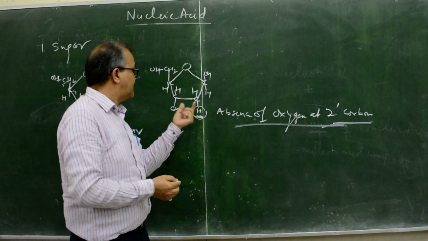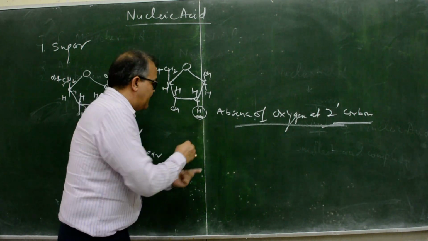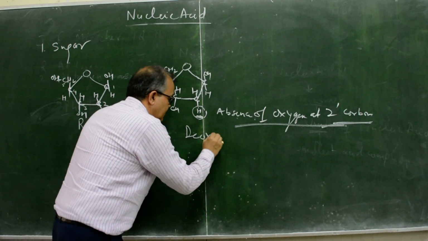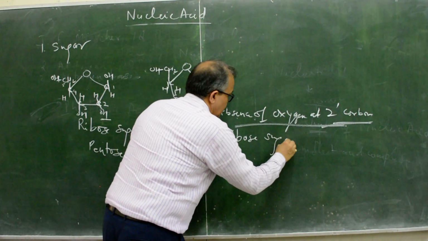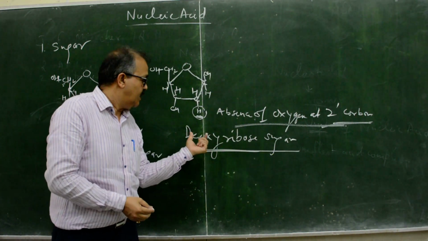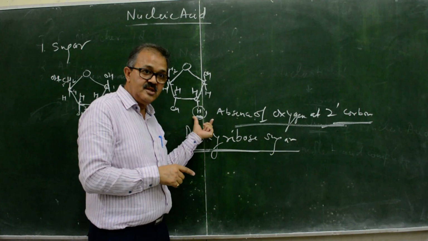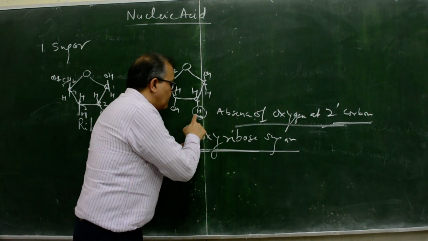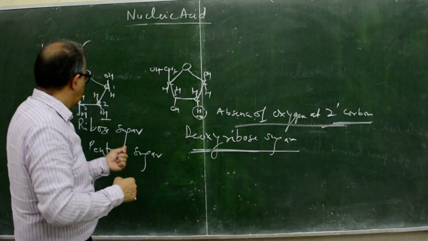One question is, why does DNA have deoxyribose sugar? Absence of the oxygen, but not at all positions, only at the second position. Because it provides resistance to hydrolysis.